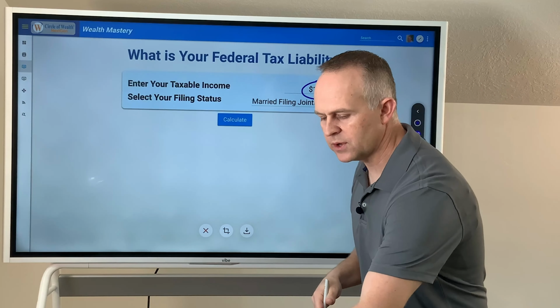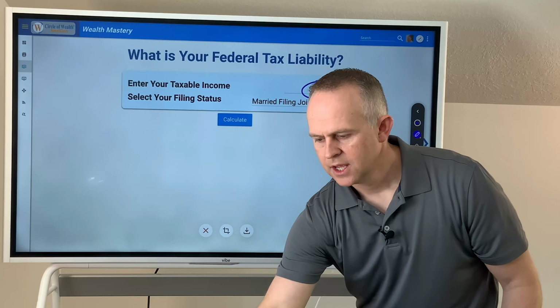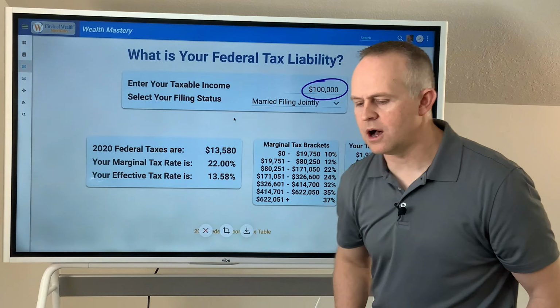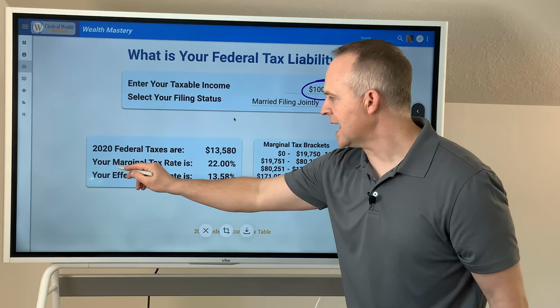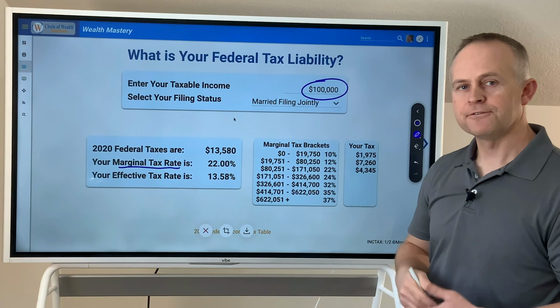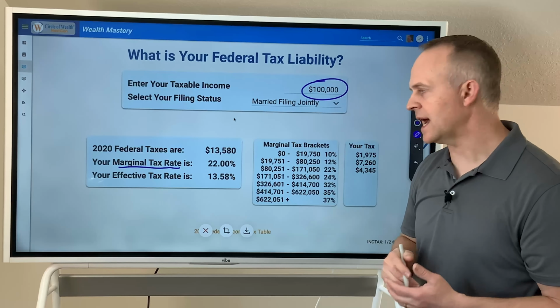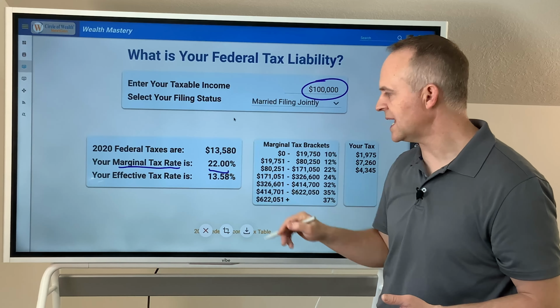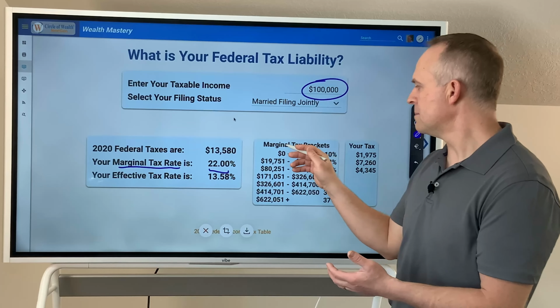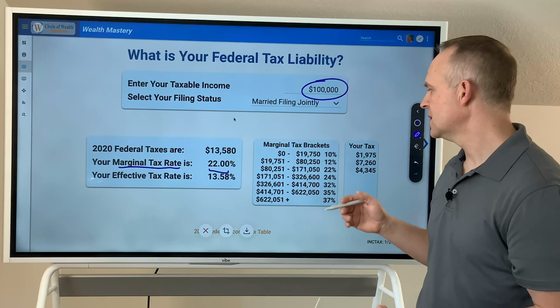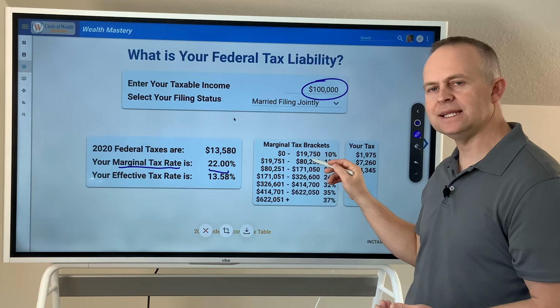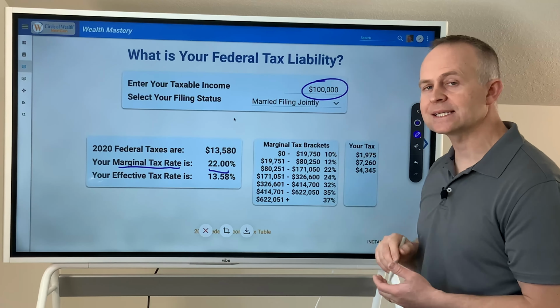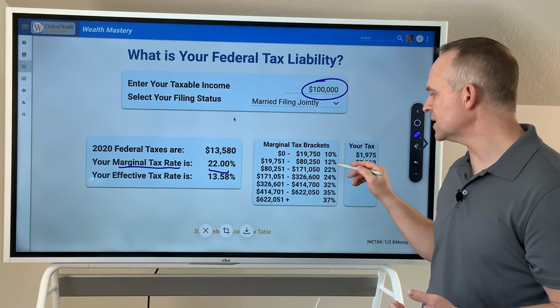Okay. So if we look at how this works, we have what we call a marginal tax rate, which for this particular client making $100,000 a year would be 22%. Because if you look at the marginal tax brackets, from 0 to 19,750 is taxed at 10%, then 12%, 22%.